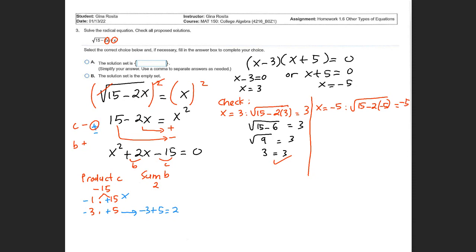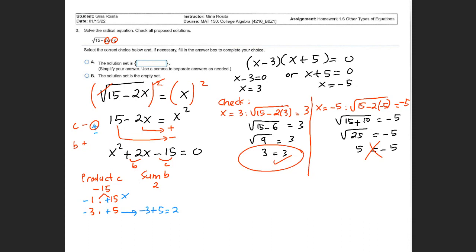Okay, so now you can solve this one. 15 minus, negative times negative is positive, 2 times 5 is 10. So the answer is square root of 25 equals negative 5. Take the positive one. Square root of 25 is 5, equals negative 5. Yes or not? It's wrong. So the answer, we choose only x equals 3.